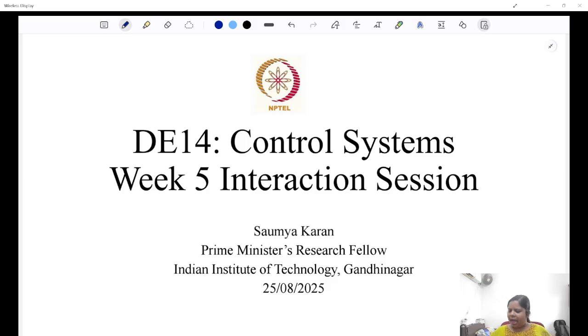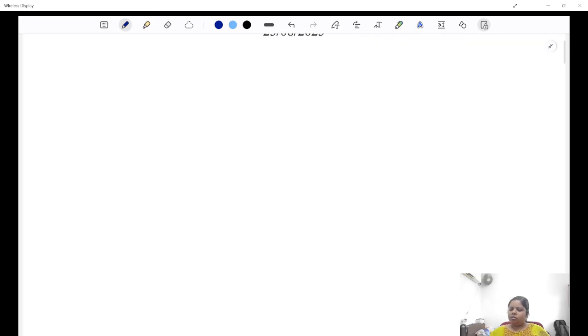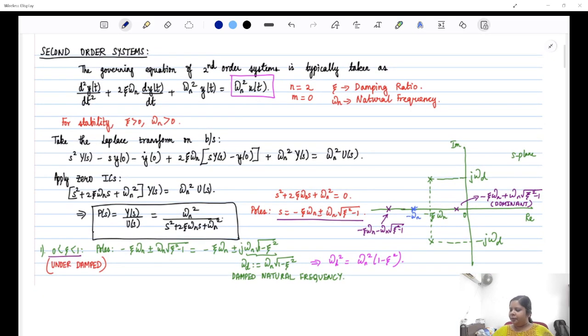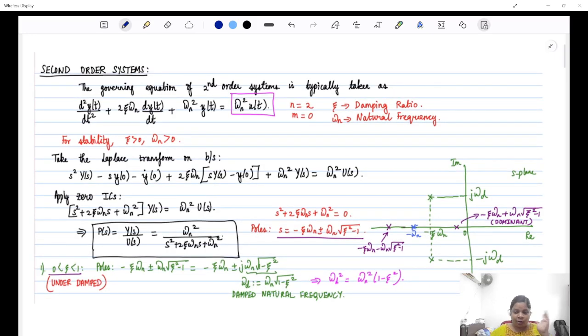Just a brief recap of what was told in the lecture. This is one of the slides from his lecture which we had already done. Just to revise, we had started with a second order system, right? And then we wrote the generalized form of the second order system. We wrote the transfer function, Y(s)/U(s) is omega n square upon s square plus 2 zeta omega n s plus omega n square.